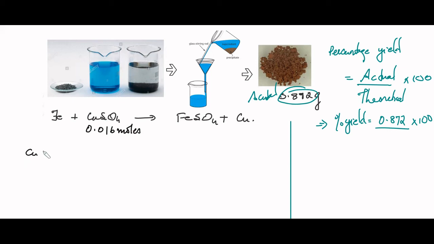As per the balanced equation, 1 mole of copper sulfate gives me 1 mole of copper. So if I'm having 0.016 moles of copper sulfate, the moles of copper, X, just because it is a 1:1 ratio, will obviously be equal to 0.016 moles itself. So we have got the moles of copper, which is the same as moles of copper sulfate.